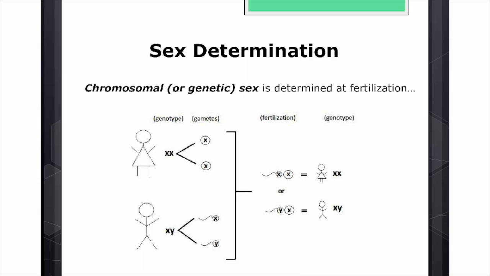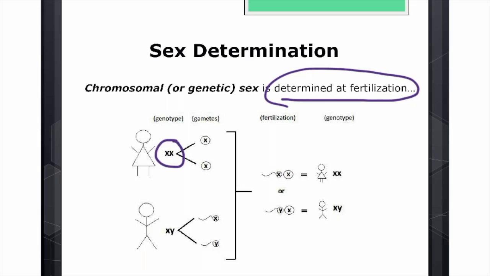So chromosomal or genetic sex is determined at fertilization. When we go to our next unit, our genetics unit, we're going to talk a little more about the specifics of genetics, but what we need to look at is that females have two X chromosomes and a male has an X and a Y. So when we look at the gametes, these would be eggs, and down here would be sperm.